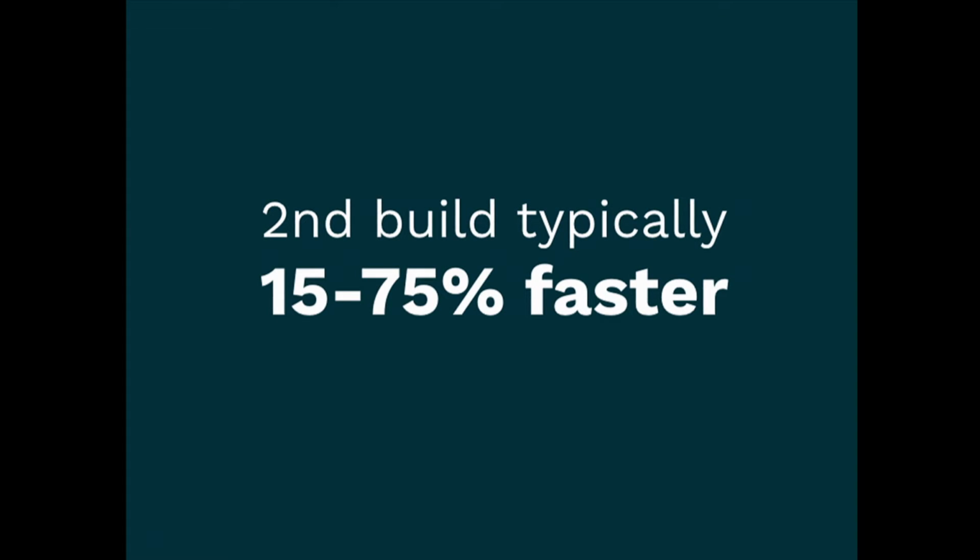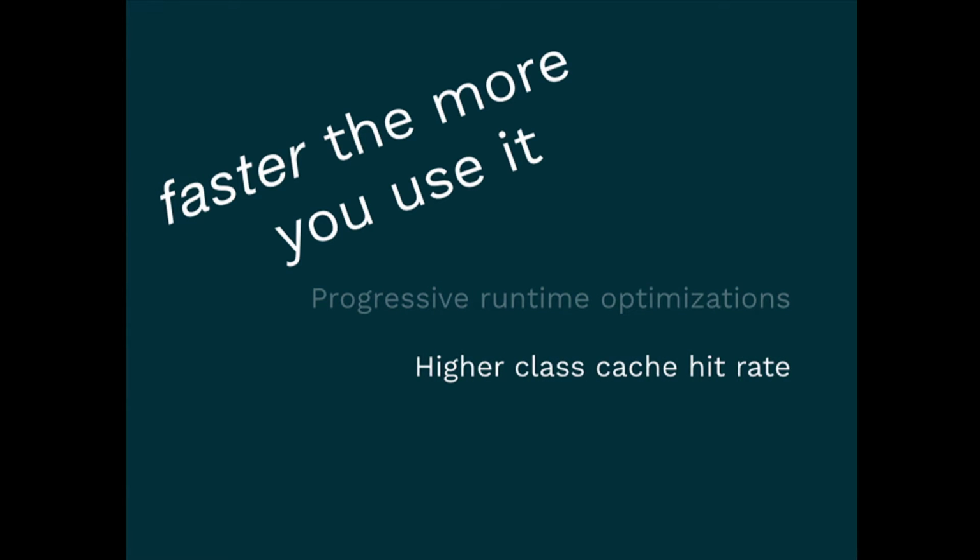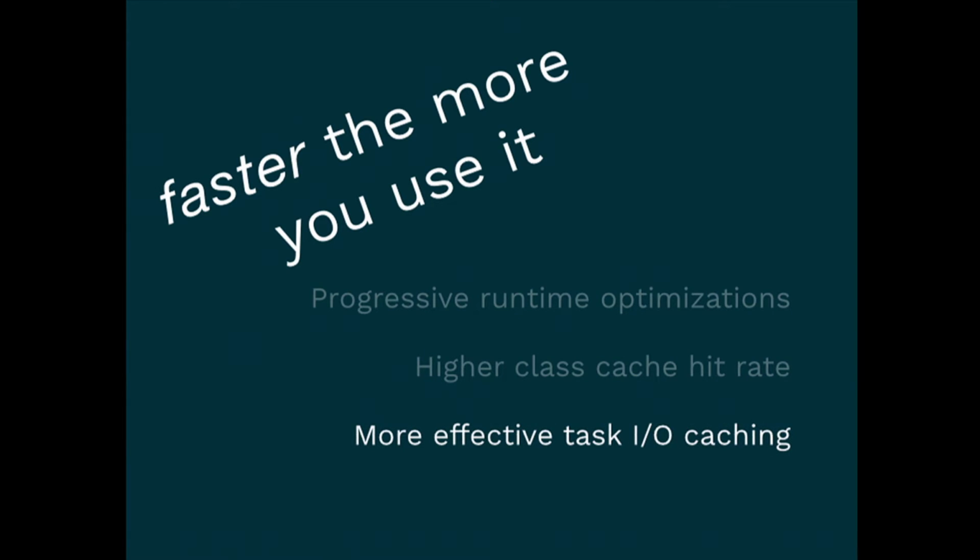So in our performance tests on various projects, we typically see the second build is around 15 to 75% faster. It's faster the more you use it because the JVM has progressive runtime optimizations. We have a cache hit rate for classes, the class cache, as well as more effective task I/O caching.